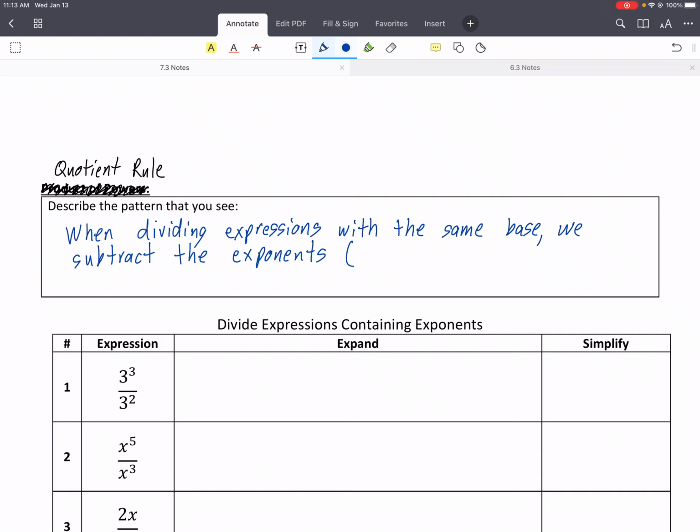So basically we do top minus the bottom.